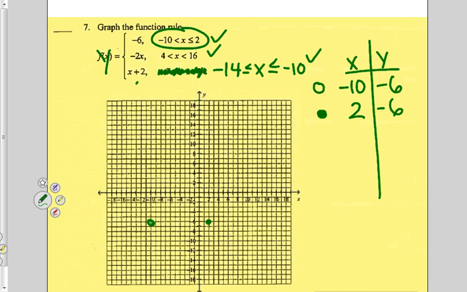Right there. And then in between, it should always be stuck on -6. So it's a horizontal line from -10 to +2, stuck down there at -6. All right? Keep in mind the final's a multiple choice test, so you'll be looking for the graph that would match it. Right? Next.